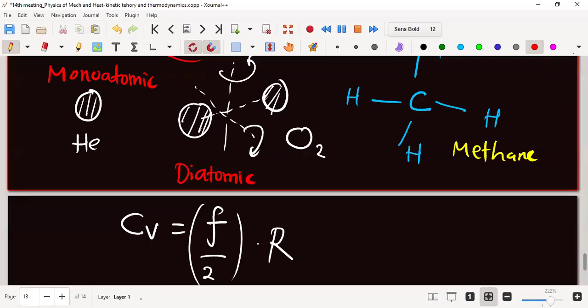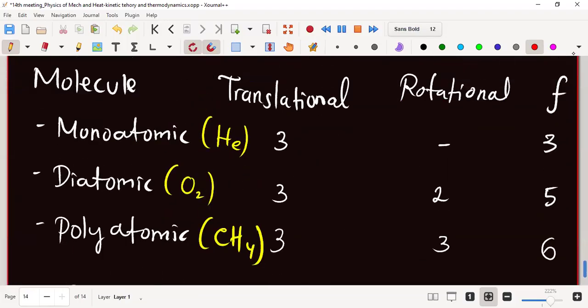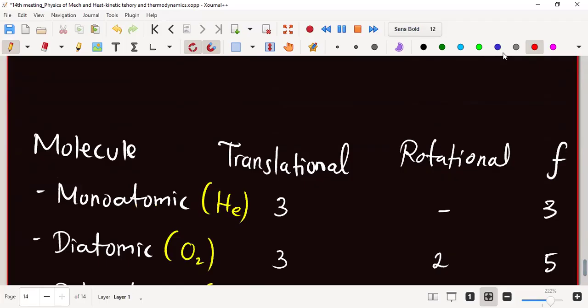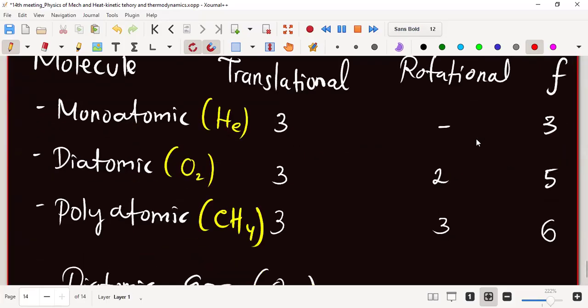And this one is polyatomic gas. Okay, and this one is the molecule. Monoatomic is helium, for example. Diatomic is oxygen. And another example for polyatomic gas is methane.